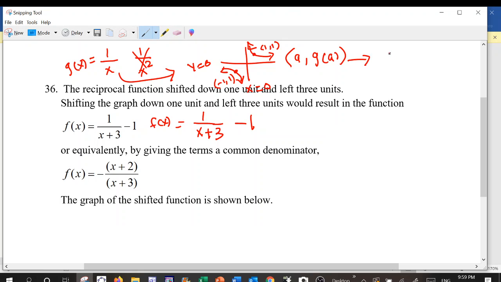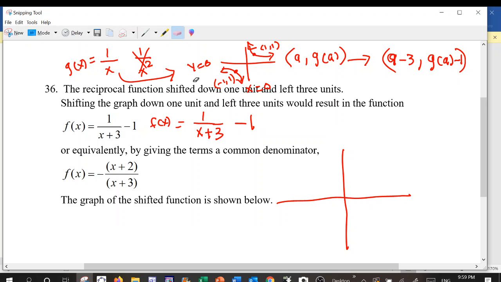Well, we know it's going to subtract 3 from x and subtract 1 from y, right? So subtract 3 from x, so that's a minus 3, and subtract 1 from y, right? So let's graph this.